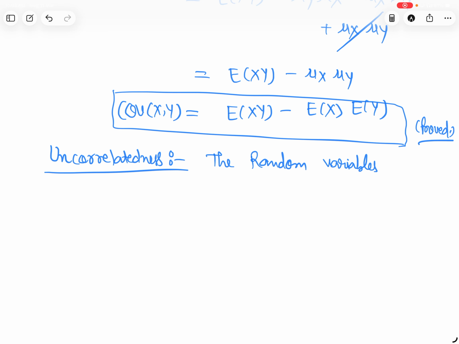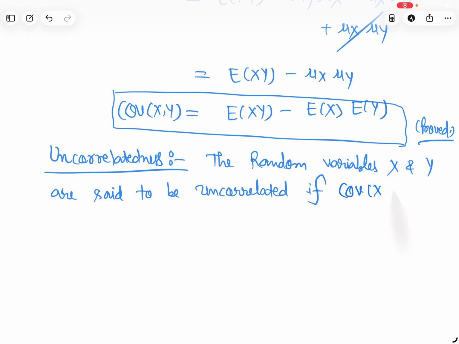The random variables x and y are said to be uncorrelated if covariance of xy is 0. If covariance of xy is 0, then we will say that x and y are uncorrelated.